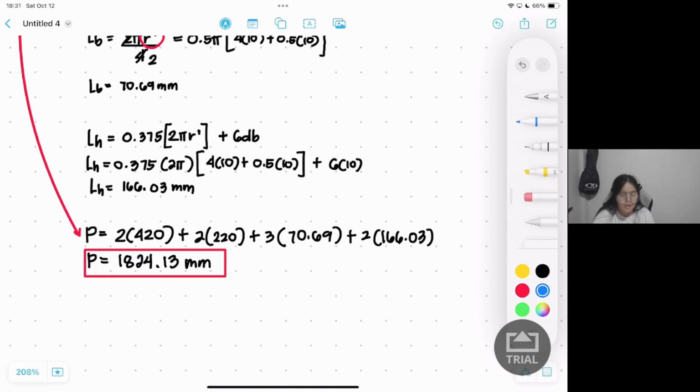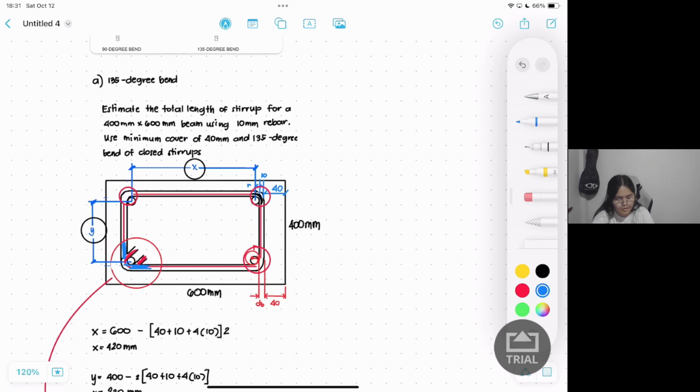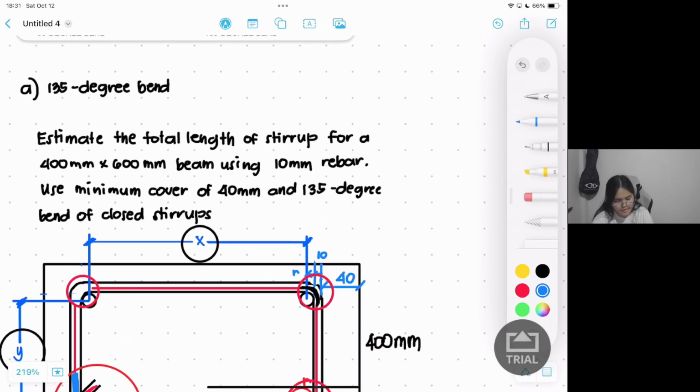PM nyo na lang ako sa answer nyo if 90 degree bend naman tong sa problem natin. So, instead of 135, 90 degree bend naman yung for your learning task. Okay? I-PM nyo sa akin.